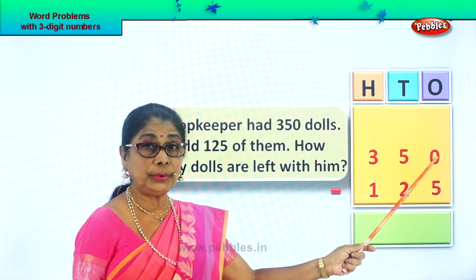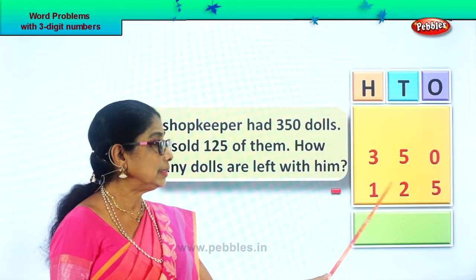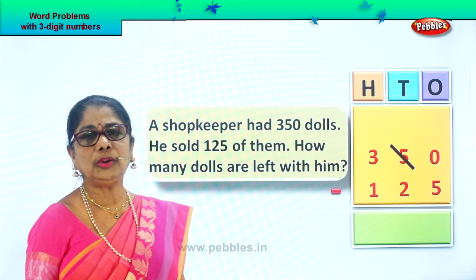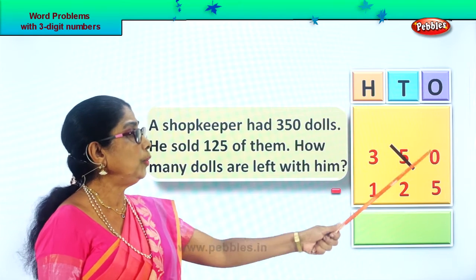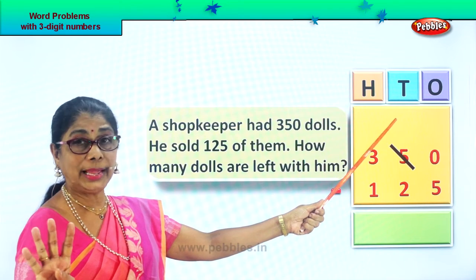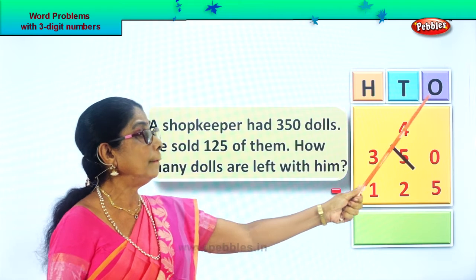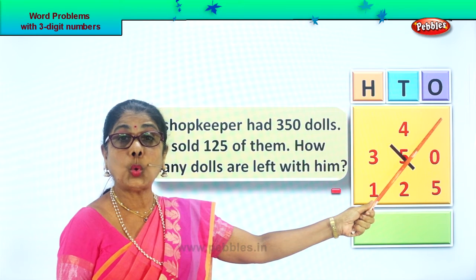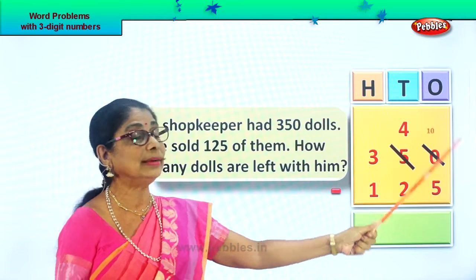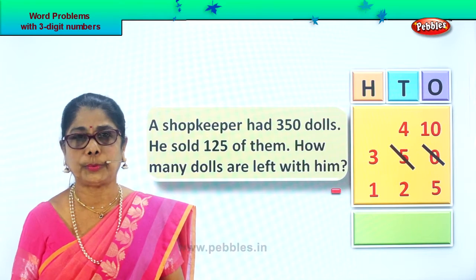There is 0 minus 5. Can you take 5 from 0? No. We are going to borrow 1 ten from 5 tens. That becomes 4 tens. We write 4 here. Take the borrowed ten to the ones place. 1 ten is equal to 10 ones, so we write the 10 ones on top.